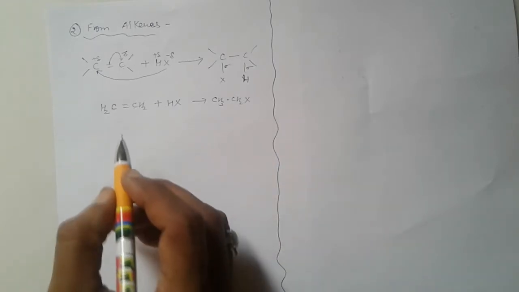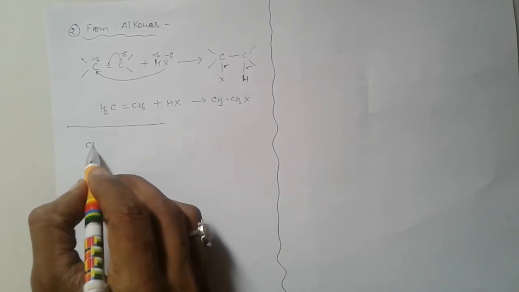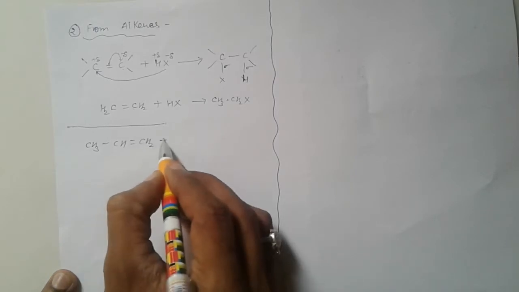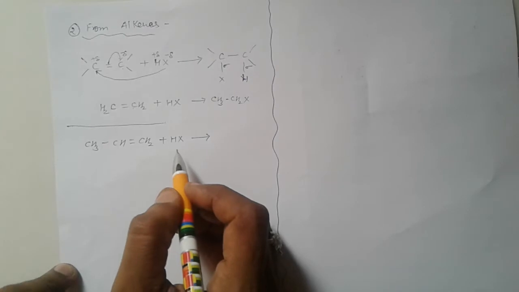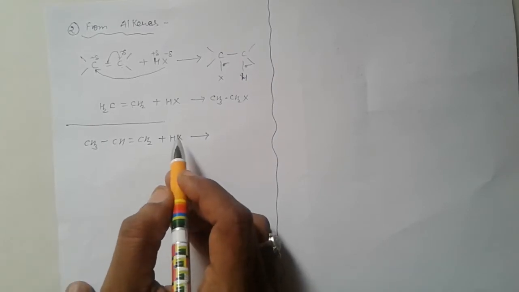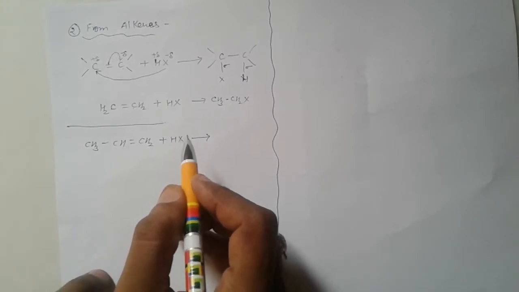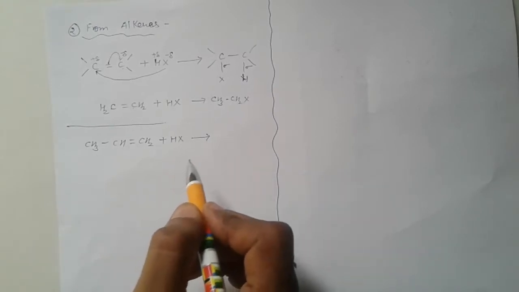For example, it is a propene molecule and it is a halogen acid. Here the addition takes place by ionic mechanism.